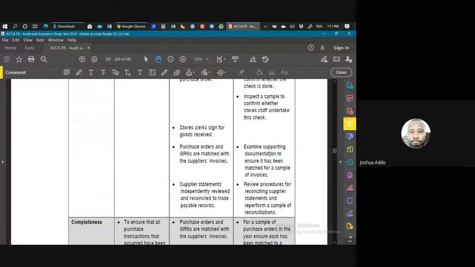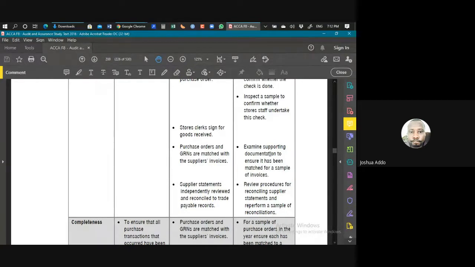If there's a discrepancy between the invoice the supplier is bringing us and the goods we have actually received, that needs to be reconciled. You don't just pay. Just imagine that the goods received note says we have received this quantity at this price, and then the total is, let's say, 1,000, and the invoice comes as 2,000.